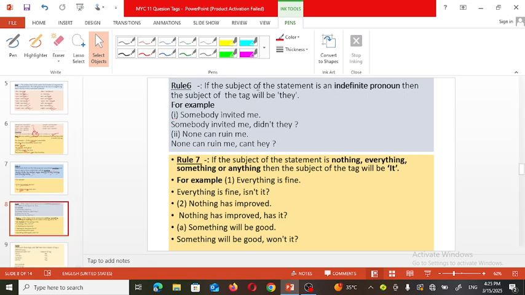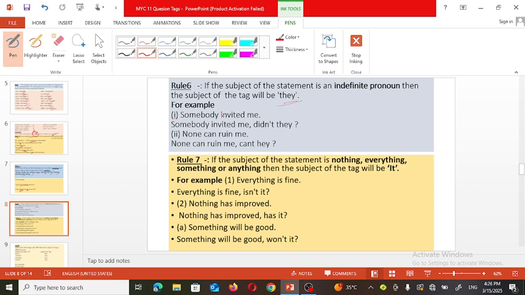Next rule, rule number 6. If the subject of the statement is an indefinite pronoun, then the subject of the tag will be they. In the previous examples, when a name was given, like Parul or Ram, we knew whether she or he should be there. But when we don't know who that person is, it means an indefinite pronoun. In such cases, we must use the pronoun they.